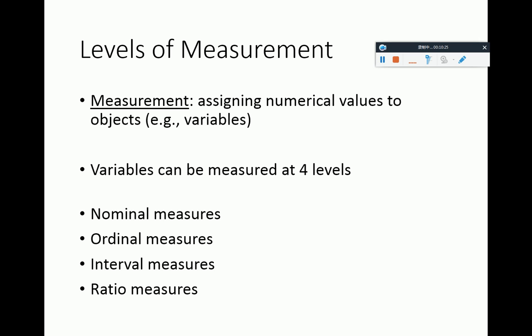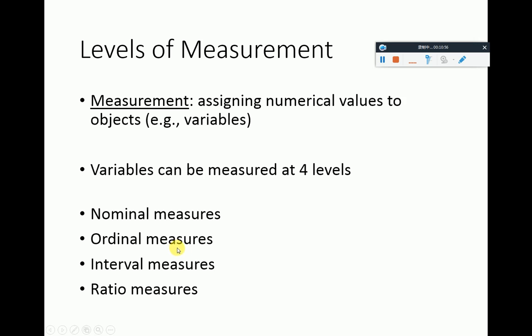Another way to understand these four levels of measurement is to regard these four different measures as four different types of rulers. Each one of them has a different function than the next, right?